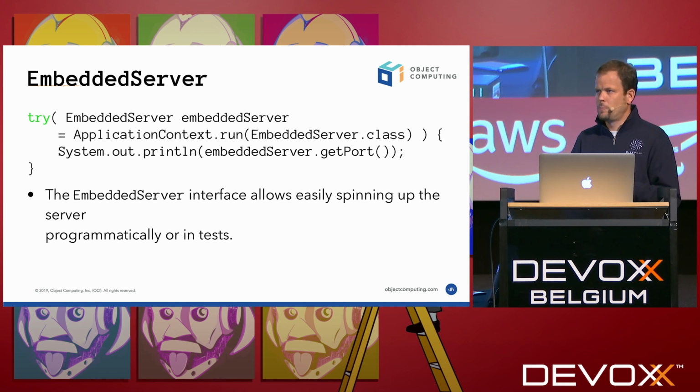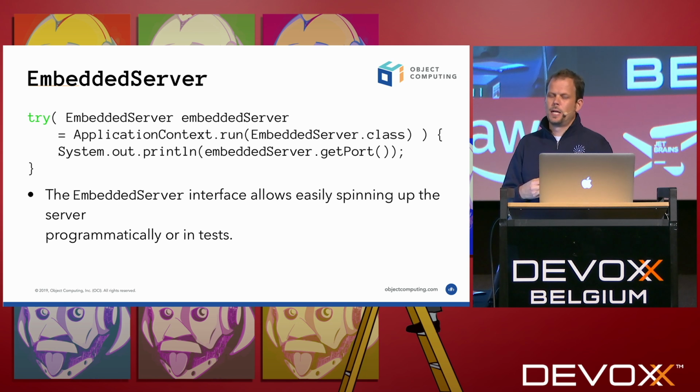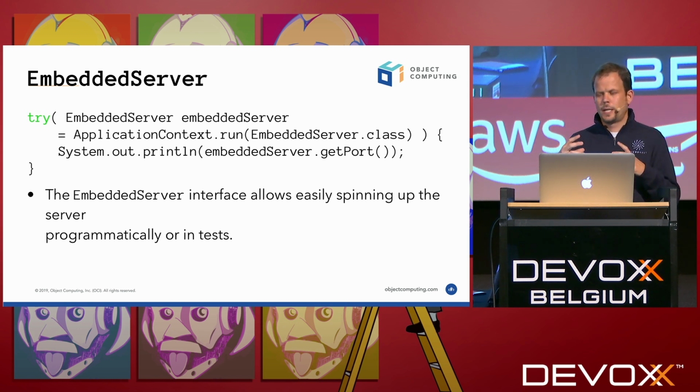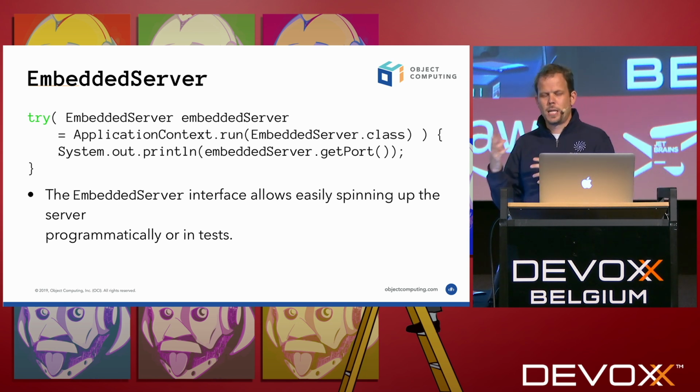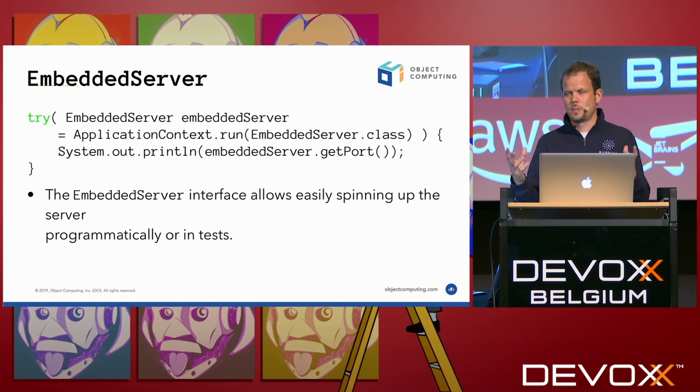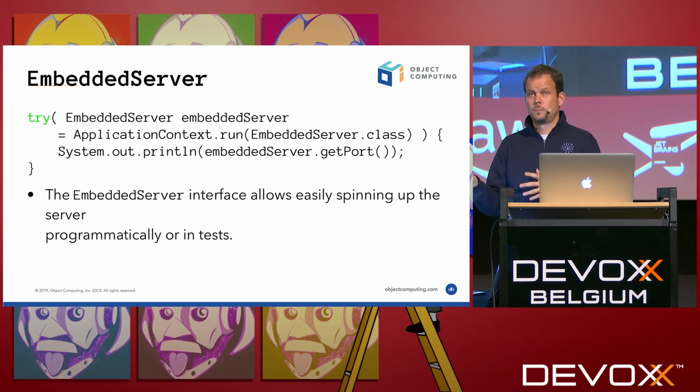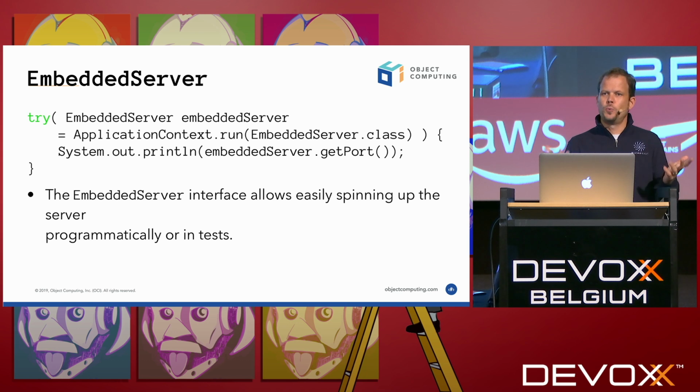But for example, where we've used this, Micronaut integrates with many different service discovery systems. So things like Consul, HashiCorp Consul, I don't know if you've heard of that, and Eureka.